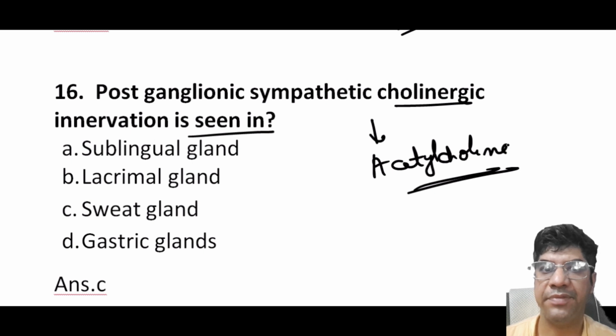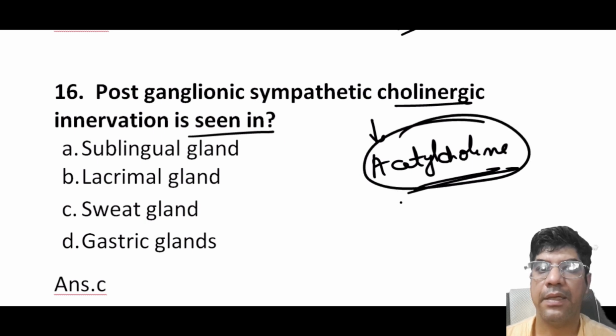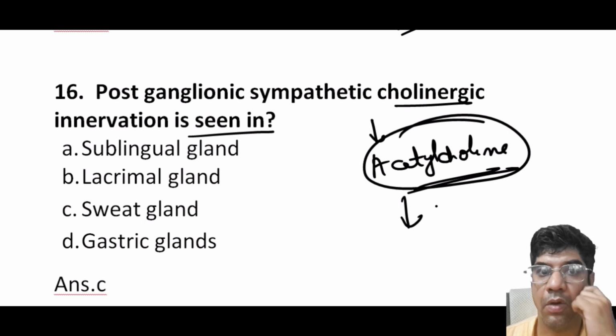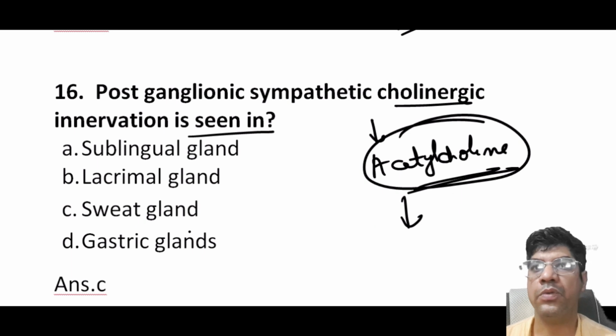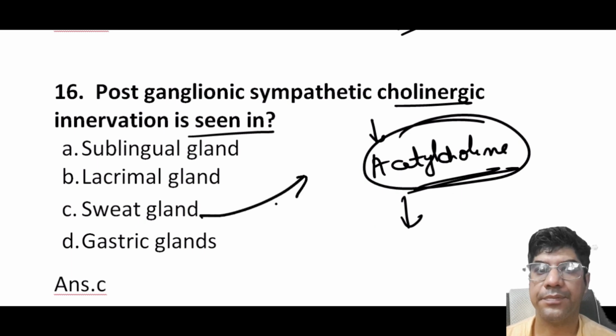In some specific sweat glands, particularly those in areas like the palm of the hand and sole of the feet, the post-ganglionic nerve fibers release acetylcholine. So these sweat glands are known as cholinergic sweat glands. On stimulation, such as in response to increased body temperature or emotional stress, the post-ganglionic sympathetic cholinergic fibers release acetylcholine onto the sweat gland receptors.